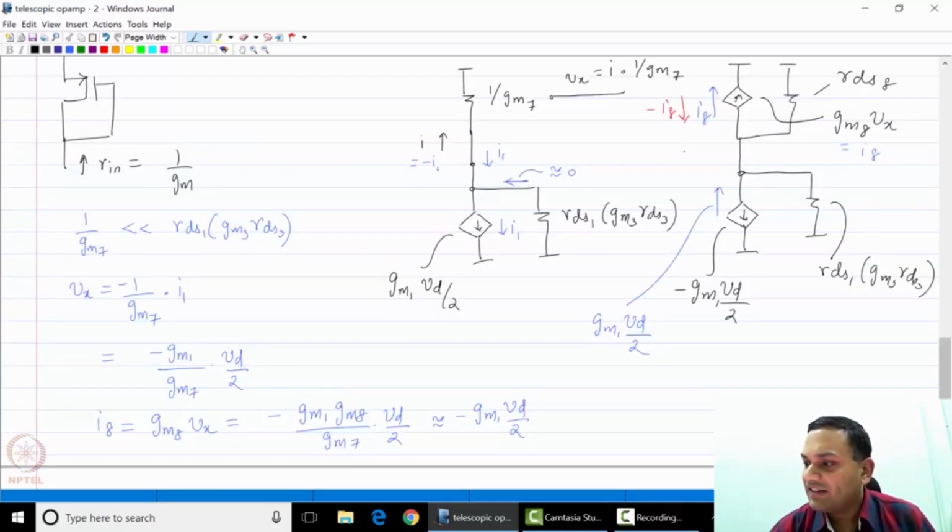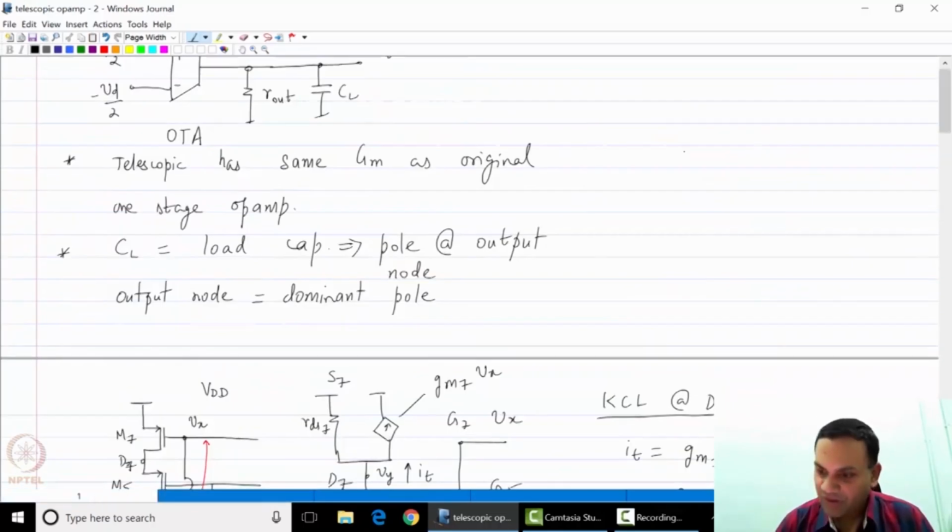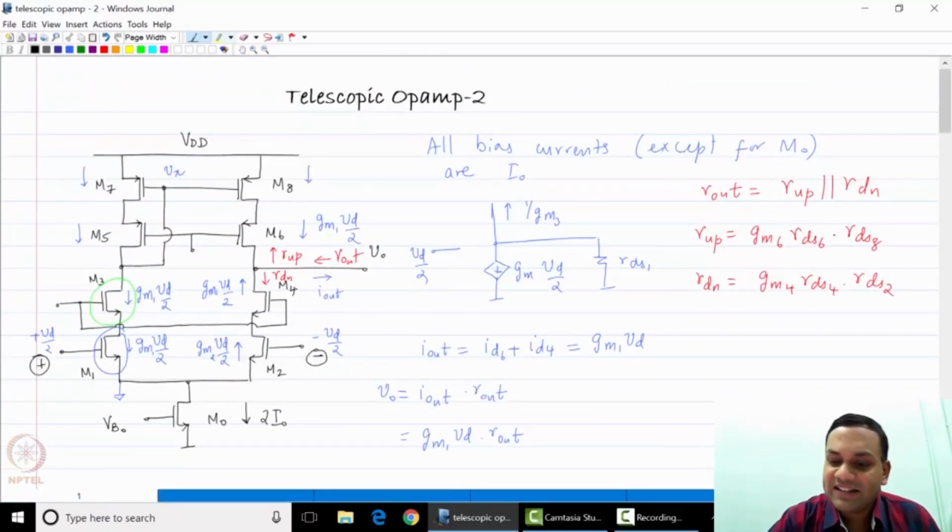Now what resistance do they flow through? Please note that this resistance of course is not RDS8. This is RDS8 in parallel with the cascode resistance looking upwards, which is RDS6 gm6 RDS6 times RDS8.